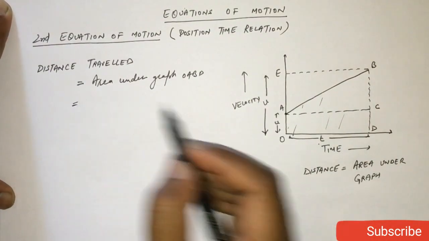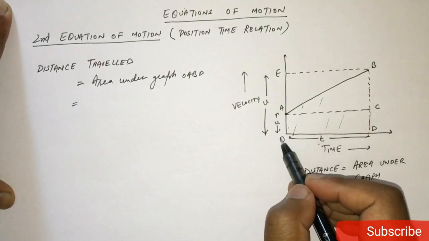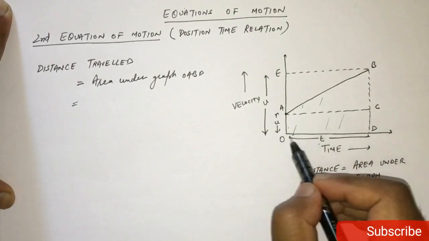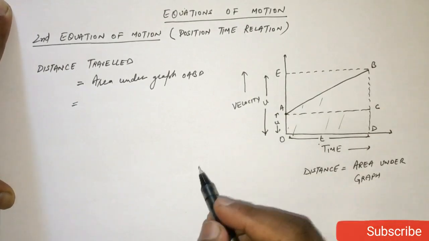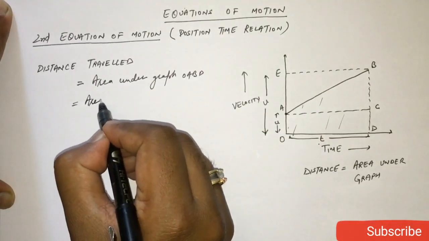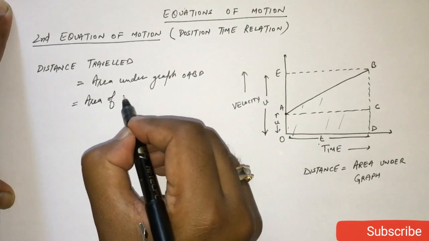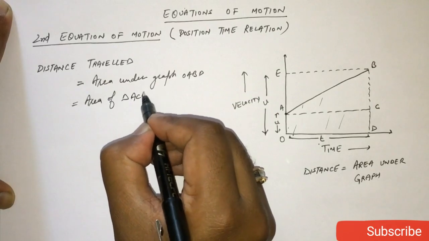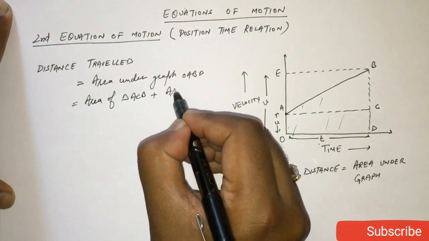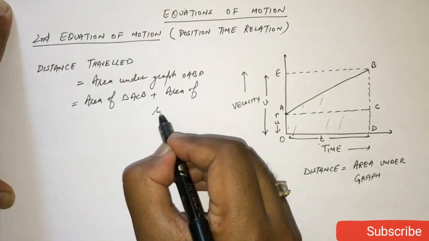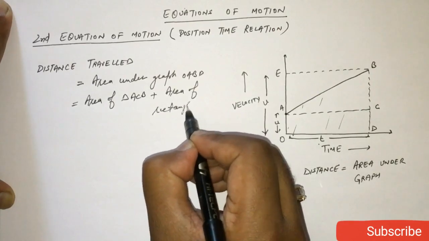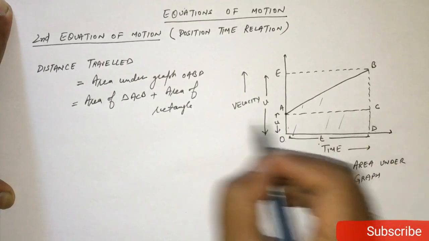Look at this graph, this structure, it is made of one rectangle and one triangle. So we can write it as area of triangle ACB plus area of rectangle OACD.